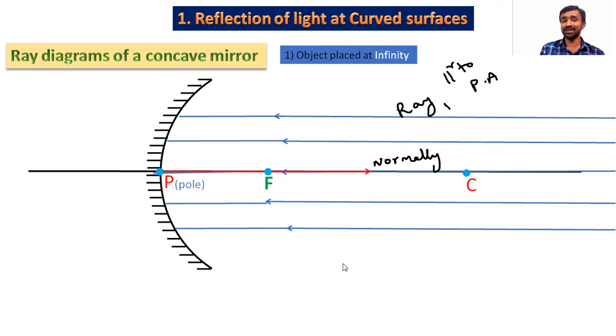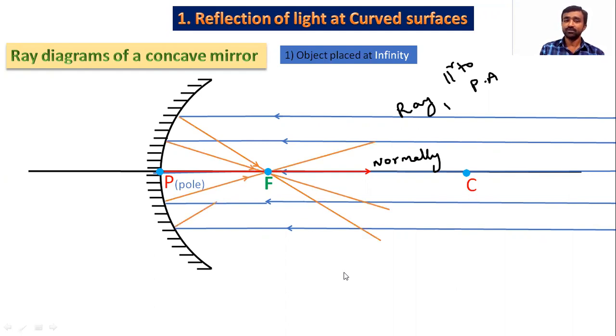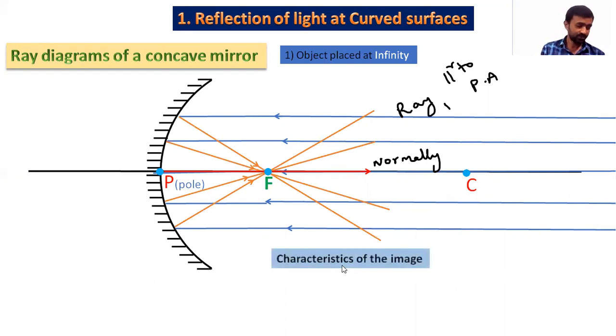Then what about the remaining rays above and below? They reflect as per rule 1. After reflection, they pass through the focus. This is the ray diagram. Then can you help me write the characteristics of the image?